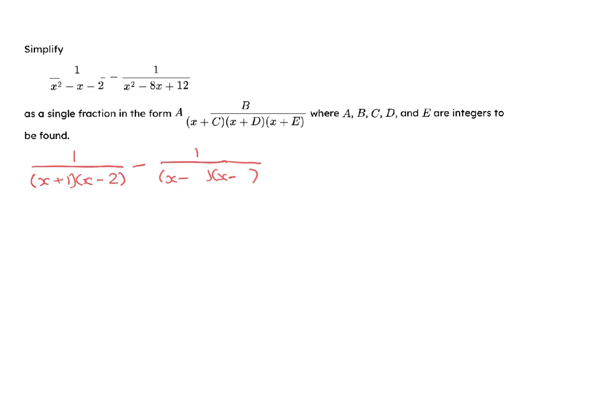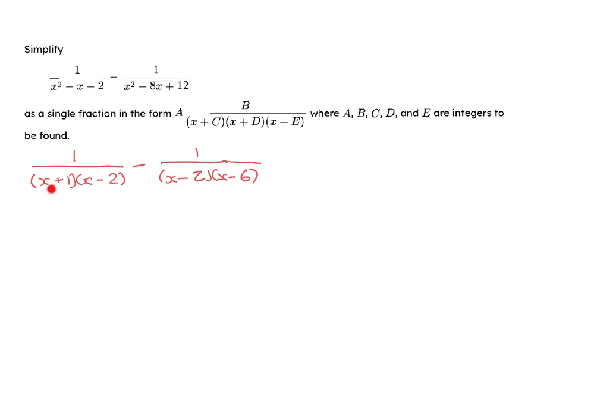I've got 6 and 2, 4 and 3, and 12 and 1. Normally, I would start with the ones that are closest together, but a quick inspection tells me this has got to be 6 and 2. So minus 2 minus 6. If you put the wrong numbers in, always expand this bit and see whether it takes you back to here. So we have minus 6x minus 2x, which is minus 8, and minus 2 times minus 6 is plus 12. So this is the correct factorization.